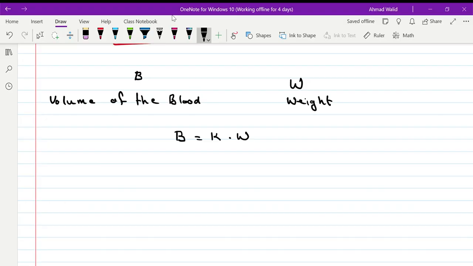Now I'm reading the second part of the problem. A person whose weight is 160 pounds has approximately 5 quarts of blood. Estimate the number of quarts of blood in a person whose weight is 200.